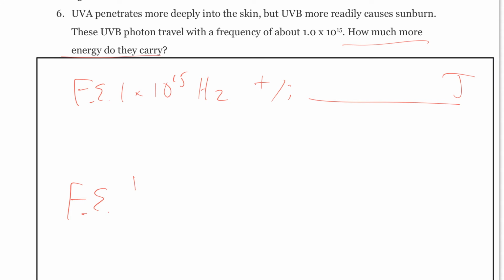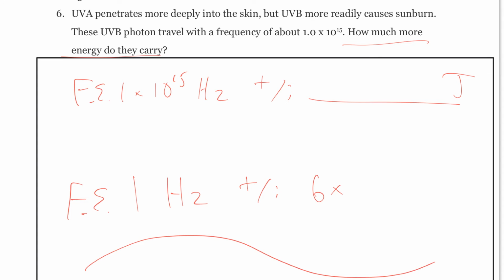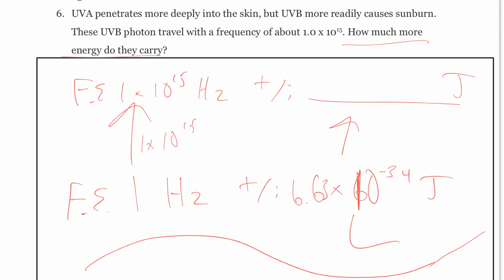And we know from our handy-dandy chart that the constant is that if we have just 1 frequency, it's 6.63 times 10 to the negative 34th joules. So this one's a lot more hertz, 1 times 10 to the 15th. And the relationship between energy and frequency is direct.